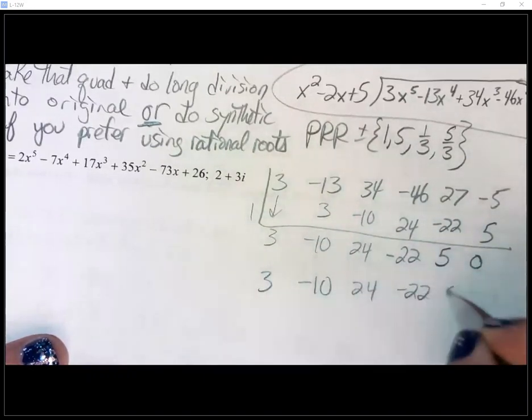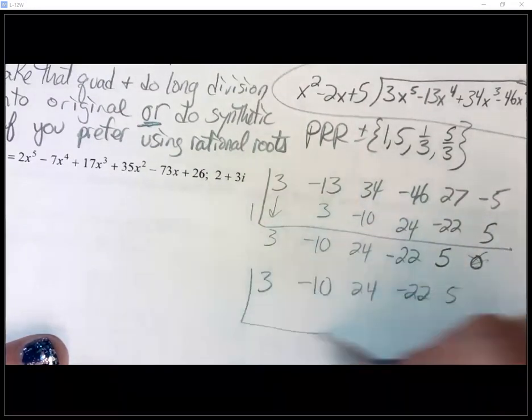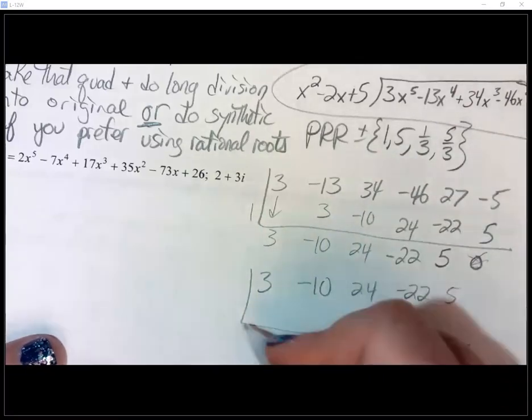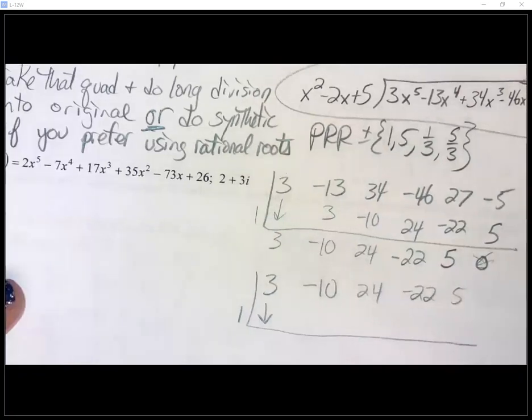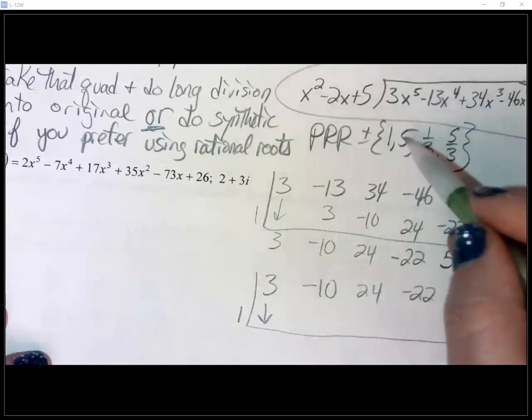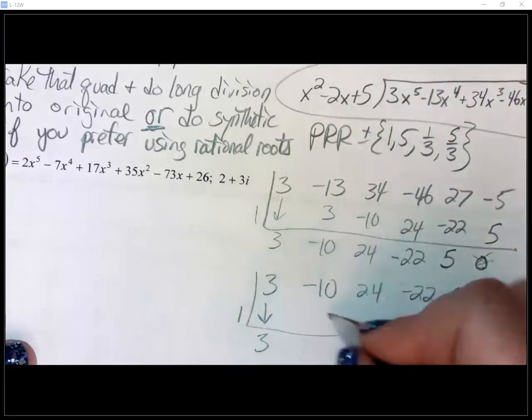I'm going to keep going through my list. I do try +1 again because it could be a double root. But why don't some of you try -1? Why don't some of you try 1/3? Or, I'm sorry, what about 5? Some people try +1, some try -1, some try 5, try -5. And we'll see together if we can find one fast.